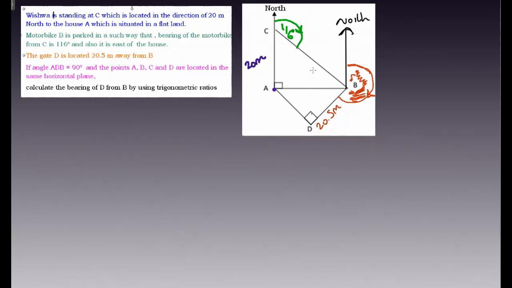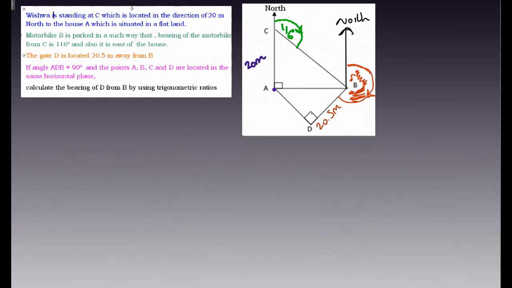This orange angle is not an angle of any triangle. So is it an angle of a triangle? No, right? So we cannot apply trigonometry and directly find the orange angle's magnitude. Instead, why don't we do something like this?